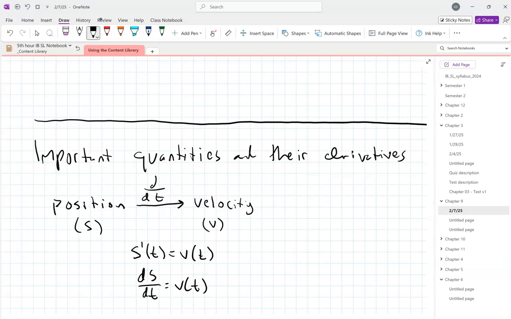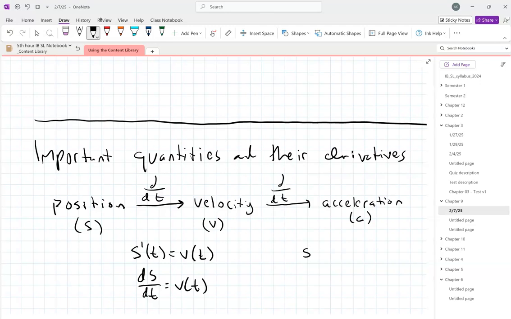Just trying to practice using some notation, introduce you to some of these quantity relationships. If I then take the derivative of velocity with respect to time, guess what we get? Acceleration. Usually we represent that with an a.